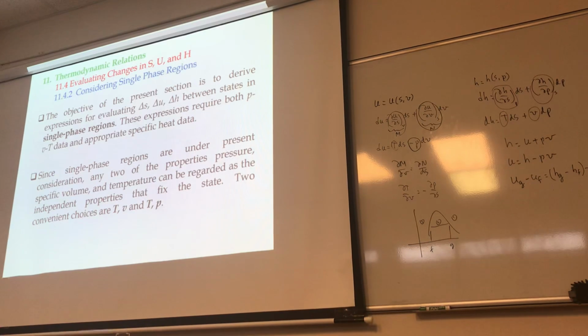So that's what we will concentrate on in the next part of the class: how do we evaluate just this Q, using the three modes of heat transfer, conduction, convection, which is composed of natural convection and forced convection, and then thermal radiation. And then we'll conclude with heat exchangers.